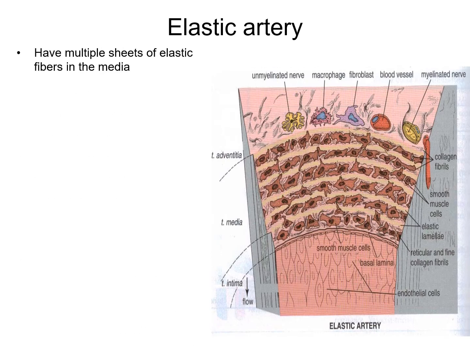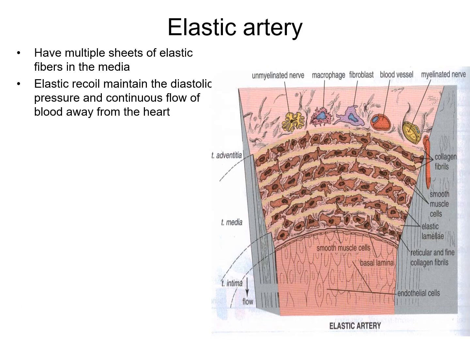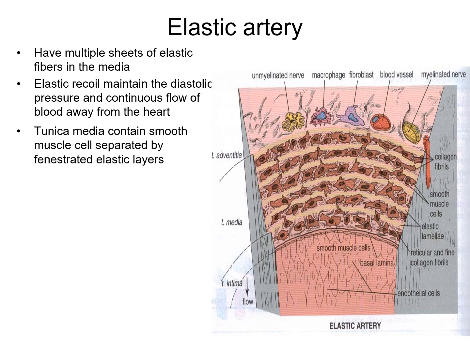Here are some more details about the elastic artery. The walls of the elastic artery have multiple sheets of elastic fibers in the media. The elastic recoil maintains the diastolic pressure and makes the intermittent flow a continuous flow because of the elastic recoil.